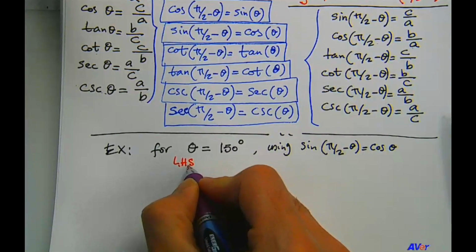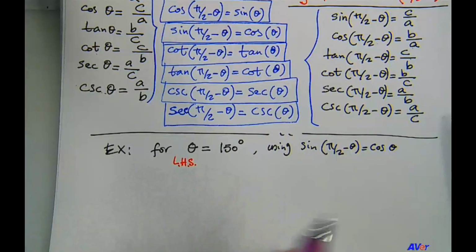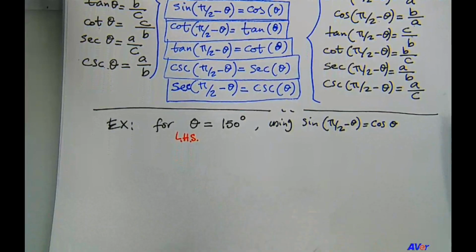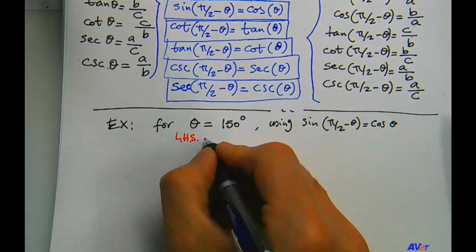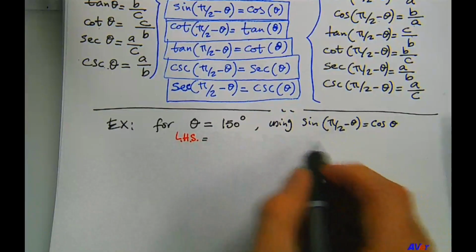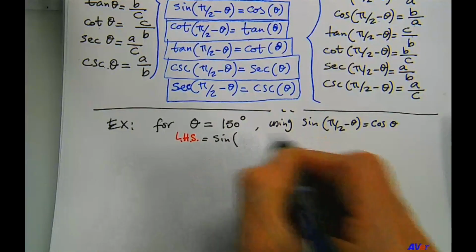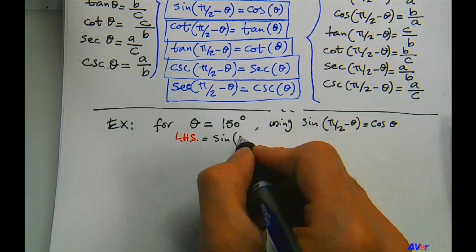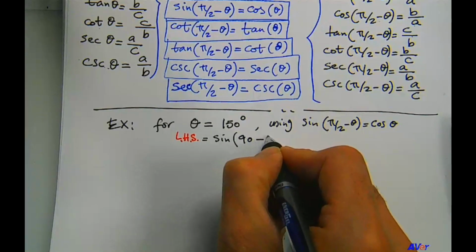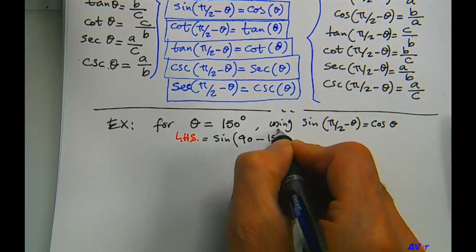Let's say LHS would be equal to sine of, because this is degree, I'm going to use the degrees version of pi over 2, which is 90 degrees minus 150 degrees, right?